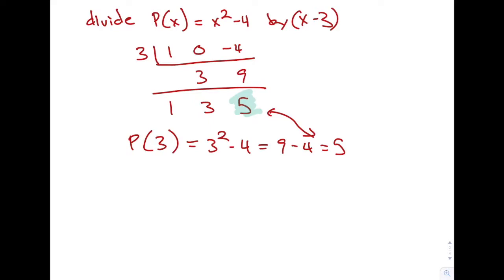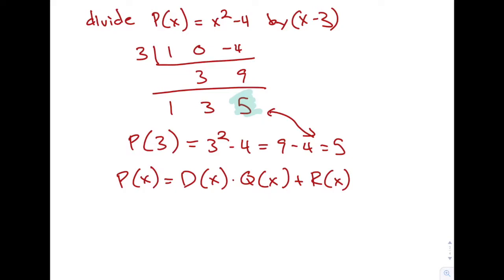We've talked about the division algorithm, like p of x equals the divisor times the quotient plus the remainder. Now, if the divisor takes the form x minus c, let's substitute that in. So we have x minus c times q of x plus r of x. If the divisor takes this form, then the remainder must be a constant, and we can call that constant r.